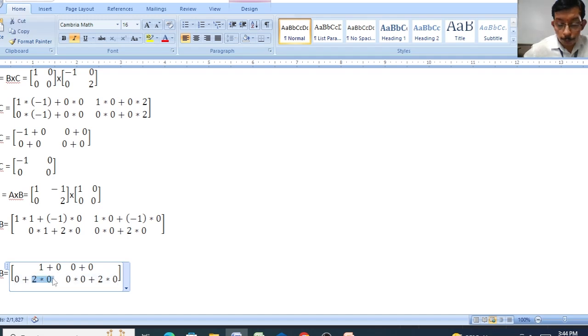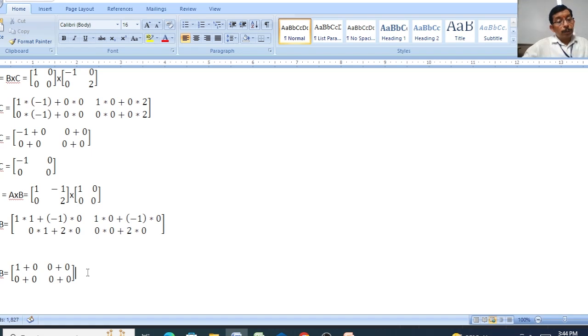Note down in the same position. Then A cross B is almost complete multiplication. Simplify in the next step, then find the final result of A cross B.